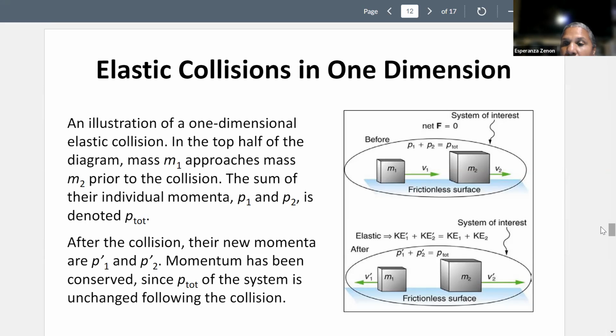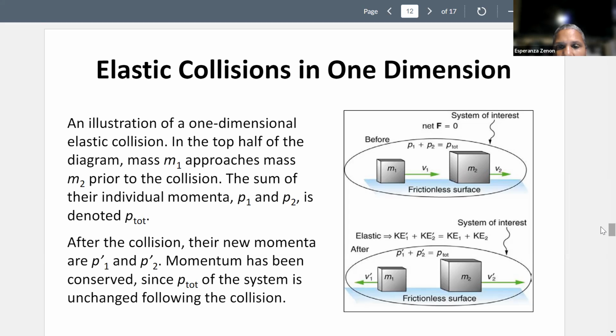If we take M2 times V2, we get the momentum for object 2. We add them together and we get a total, P1 plus P2. That's the total momentum. And notice, you see that little oval shape that's surrounding them. Why? Because remember, our system has to be isolated. No outside forces can get in. That's why our system is frictionless, right? Okay. So no extra forces going on there.